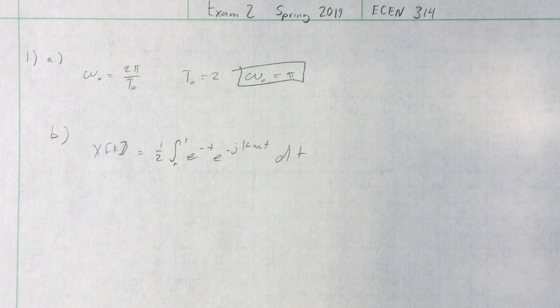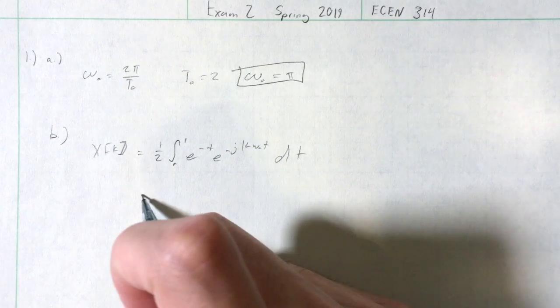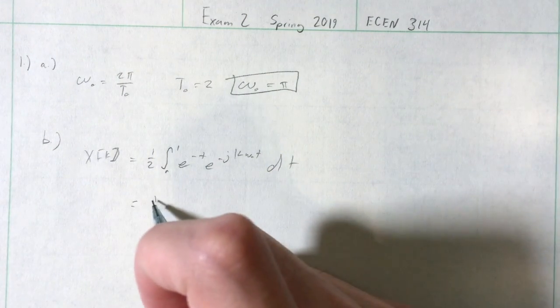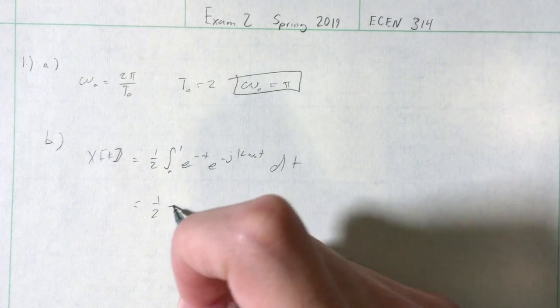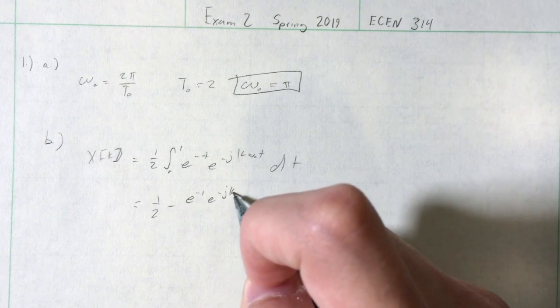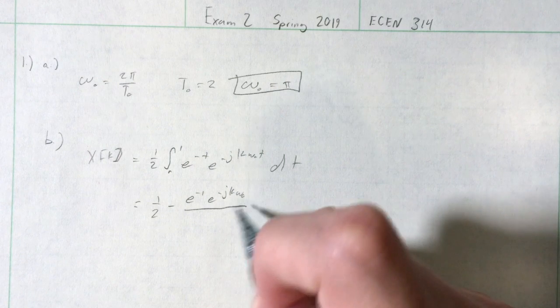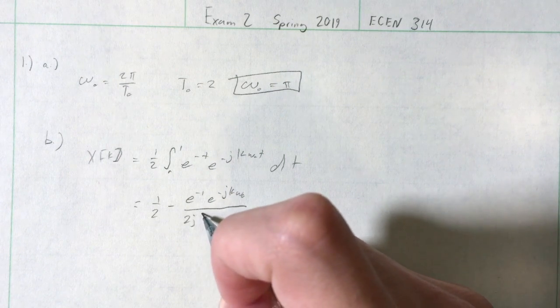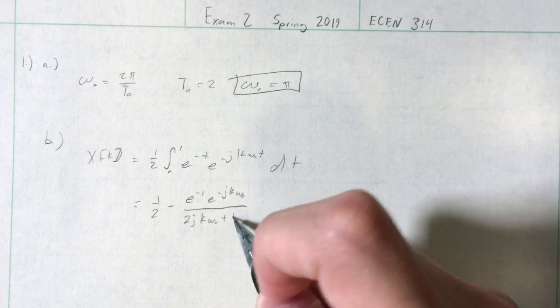When we perform this integral, we get something along the lines of 1/2 times (1 minus e to the negative 1, e to the negative j k omega naught), all over 2j k omega naught plus 1.